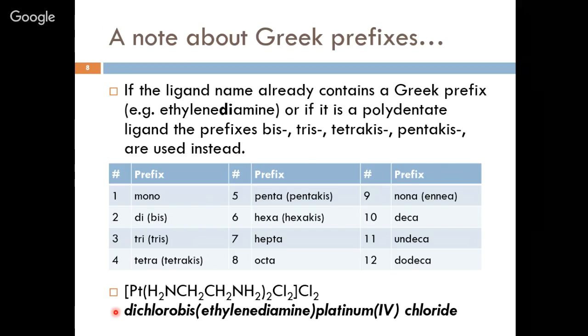If we had 3, it would be tris instead of tri, or if we had 4, it would be tetrakis instead of tetra. So you should be aware of these special prefixes for cases where the ligand already includes that prefix, or if we have a polydentate ligand.